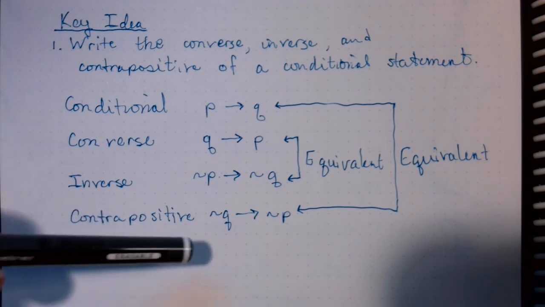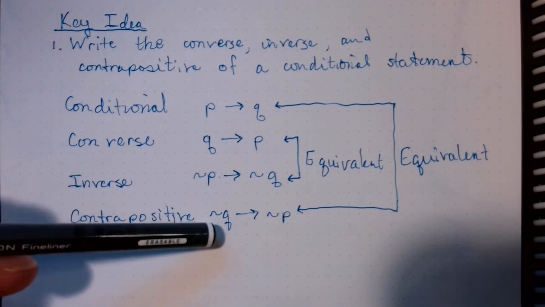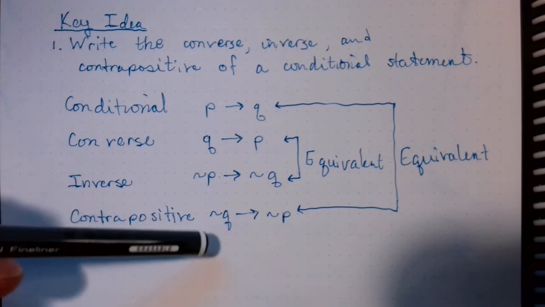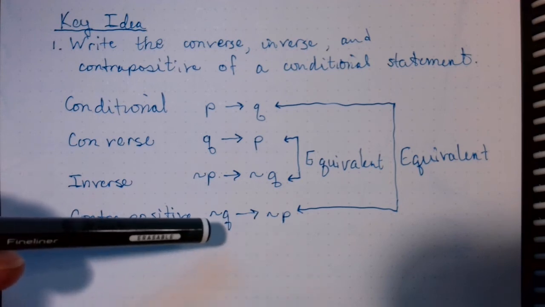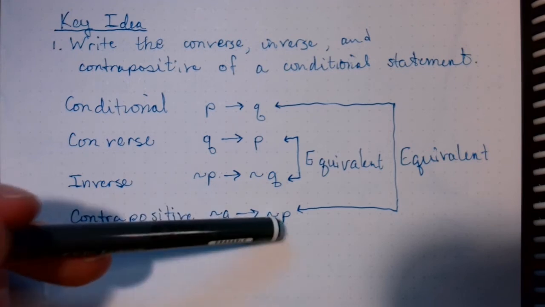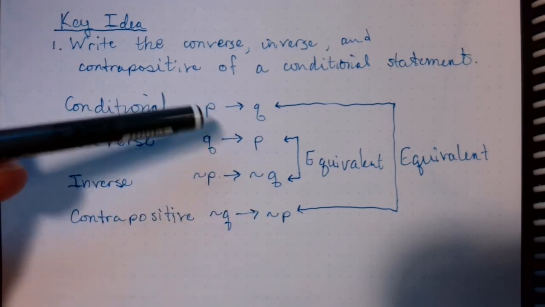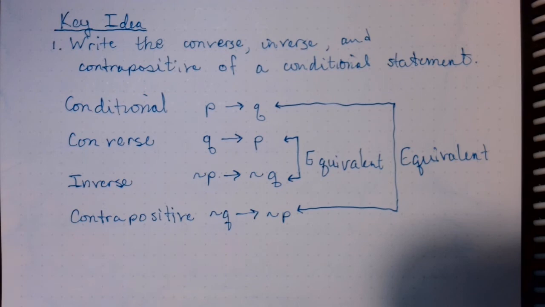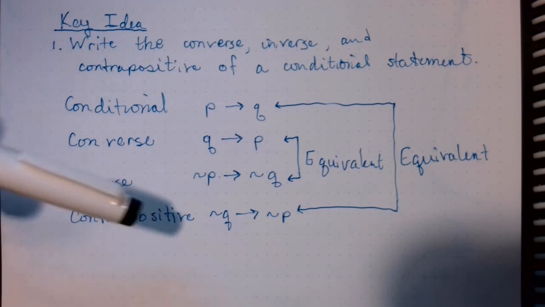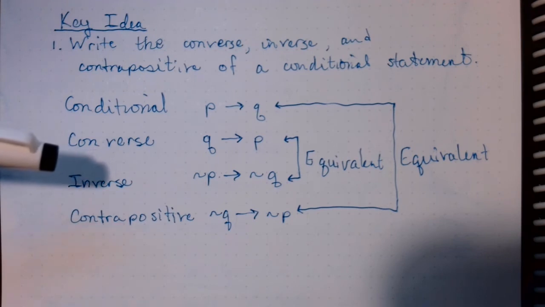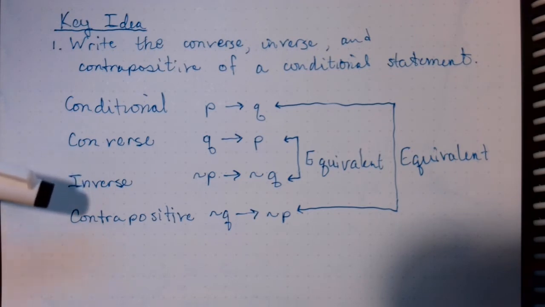Now the contrapositive says not Q implies not P. So in our example it would be if it is not the weekend, then it is not Saturday. And you can see that is equivalent to the original conditional statement. A couple of important forms, and they are related in pairs. The converse and the inverse are logically equivalent, and we'll see that with truth tables in a sec. The conditional and the contrapositive are related.